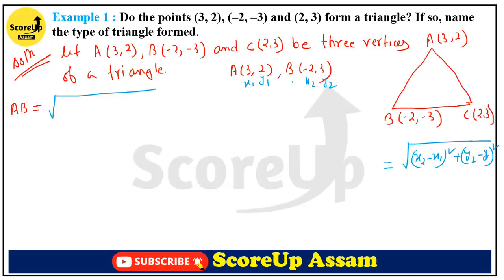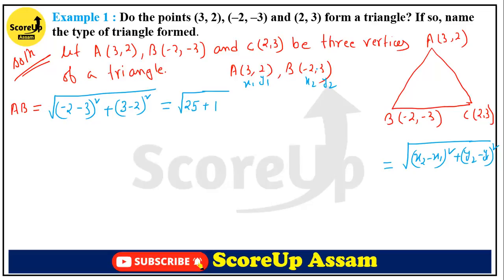So here x2 is minus 2. Minus 2 minus 3 whole square plus y2 minus y1, that means minus 3 minus 2 whole square. Minus 2 minus 3 is minus 5, whole square is 25.